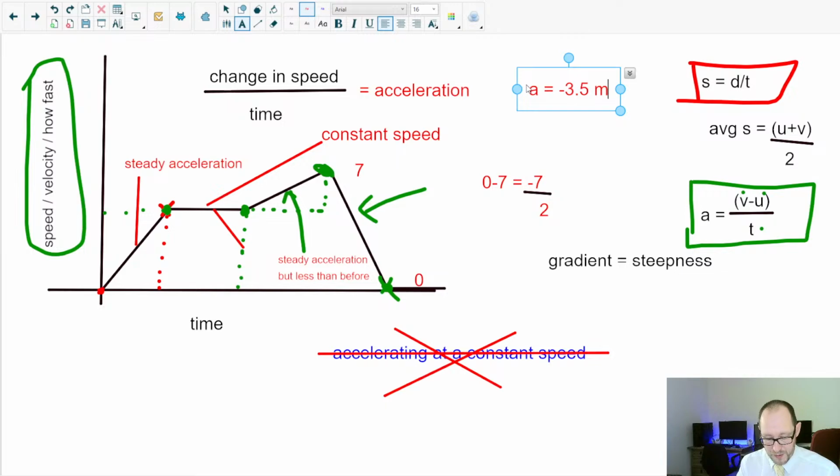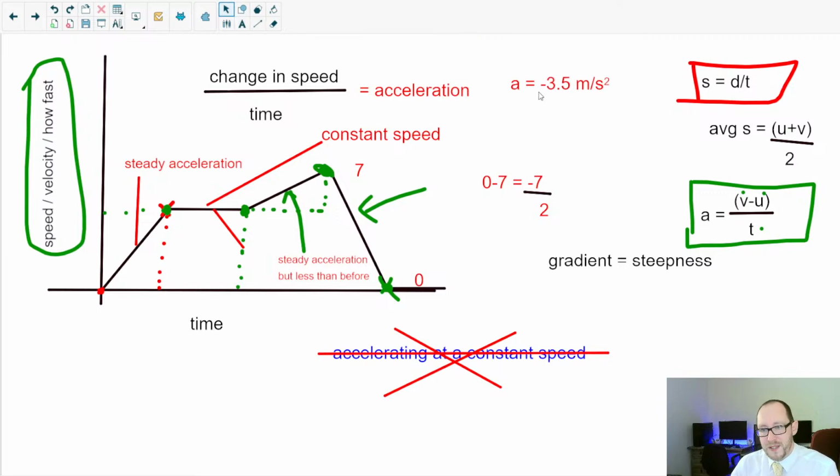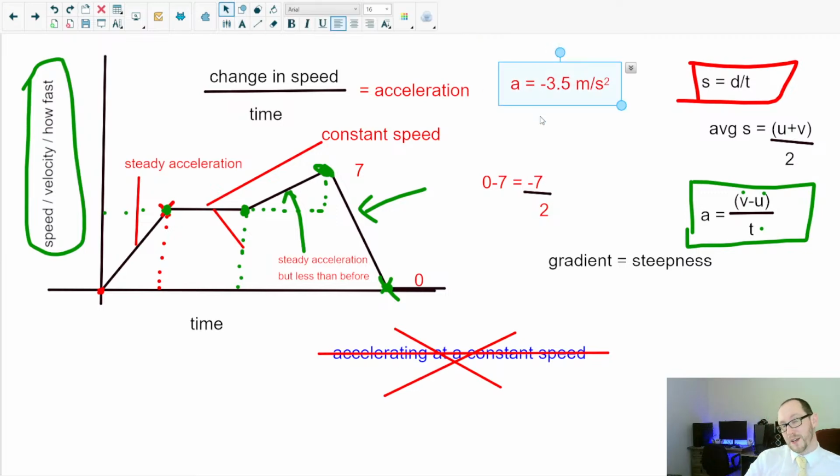The unit for acceleration is meters per second squared, which we will come to in a second. Basically what acceleration says is that's how fast you're getting faster. This thing is not getting faster, so therefore it has a negative number. It is decelerating.